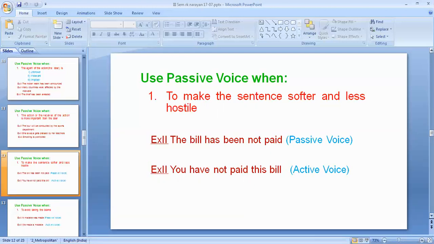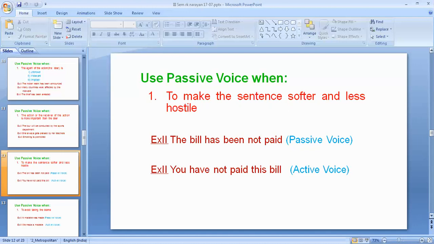The bill has not been paid, and here the bill is the receiver of the action, not paid by somebody or by you. Actually, that is the person, you or he or she, who did not pay the bill. But here, to make the sentence a little bit softer, we are using passive voice.